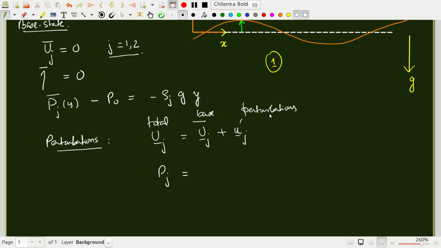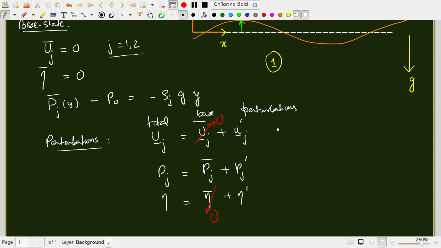Now Pj is similar to the velocities, Pj bar plus Pj prime. Eta is eta bar plus eta prime. Of course, we know that uj bar is 0 and eta bar is 0, whereas Pj bar is given by this expression for the hydrostatic variation.